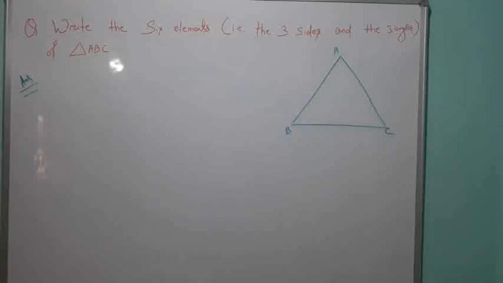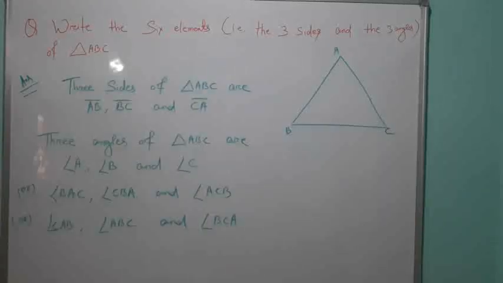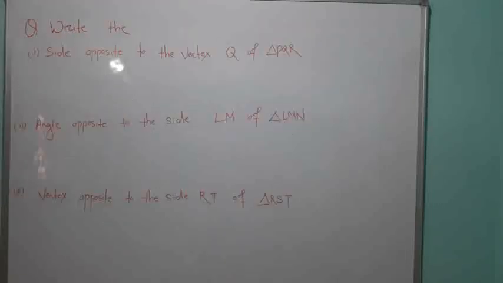And now we have to write the 3 sides of this triangle and the 3 angles of this triangle. 3 sides of triangle ABC are AB, BC and CA. 3 angles of triangle ABC are angle A, angle B and angle C. Also you can write angle BAC, angle CBA and angle ACB, or also you can write angle CAB, angle ABC and angle BCA.